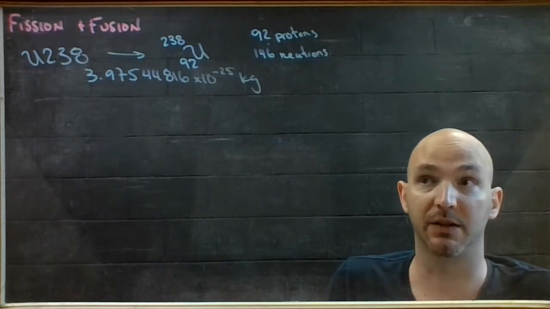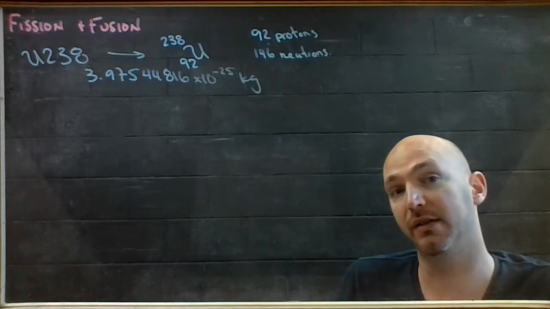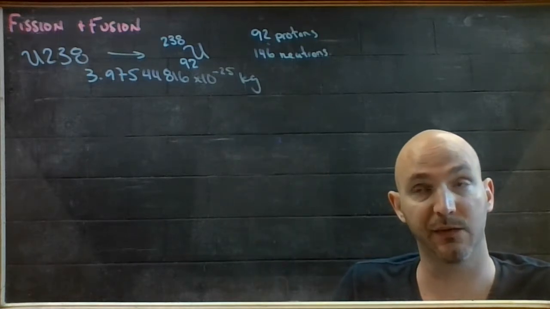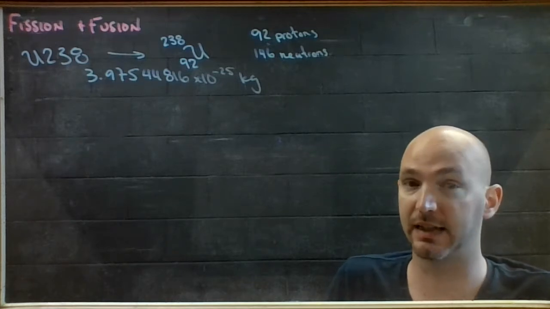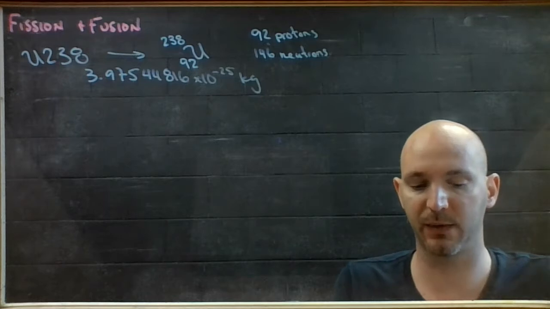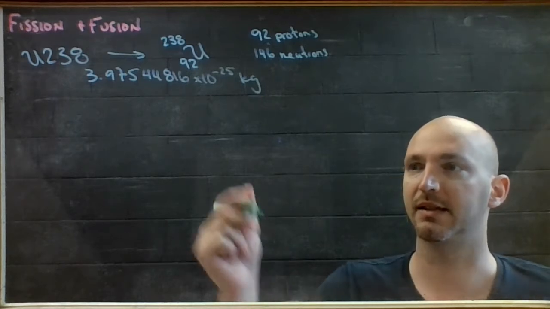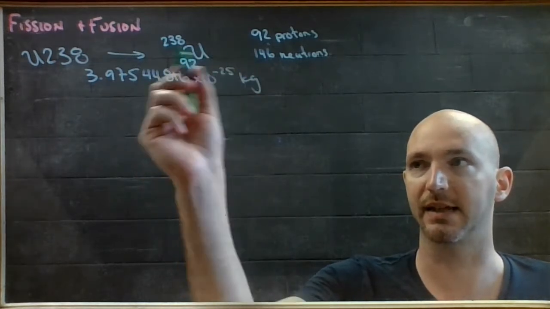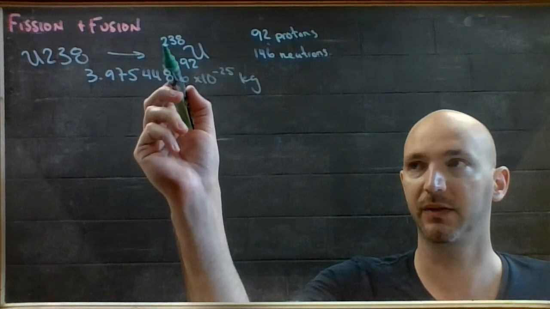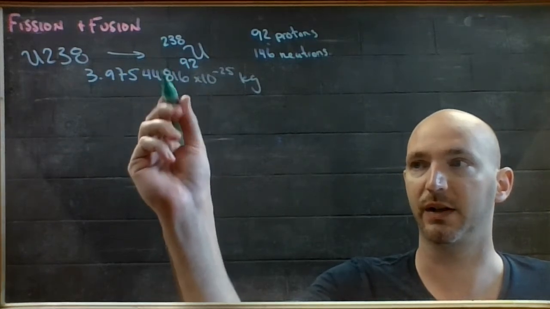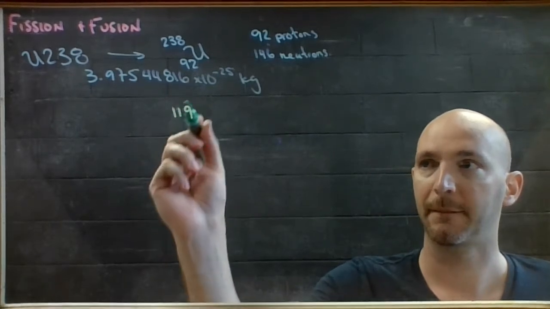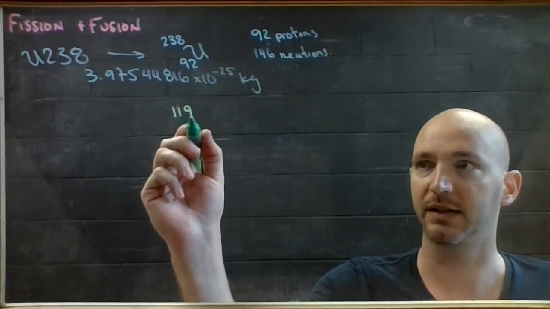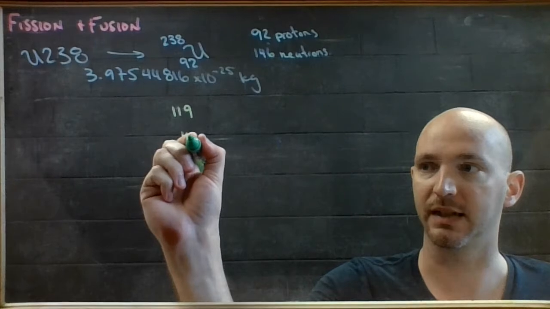So here's what I'm going to do. 92 protons can be divided exactly in half, and 146 neutrons can be divided exactly in half. And so what I would end up with is a particle that has half as many particles, so that would be 119, and half of 92 is 46.